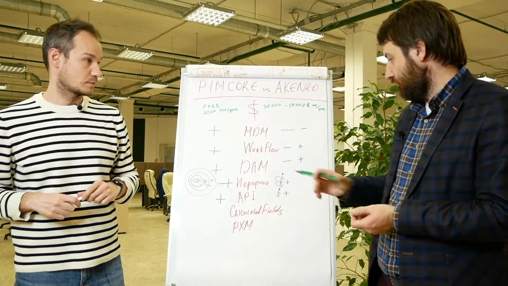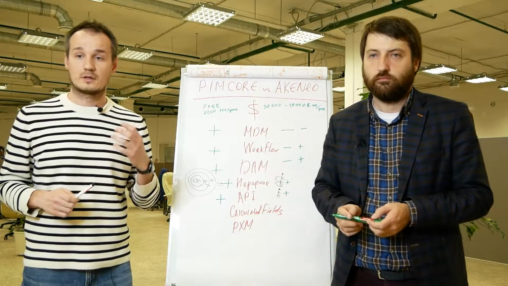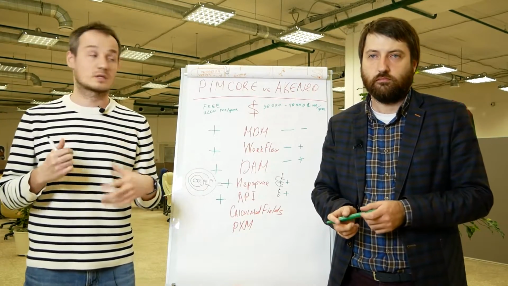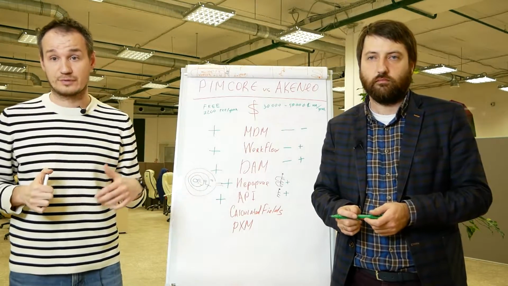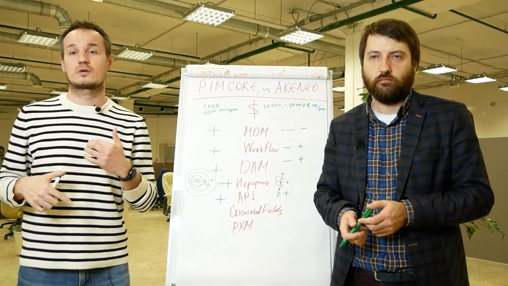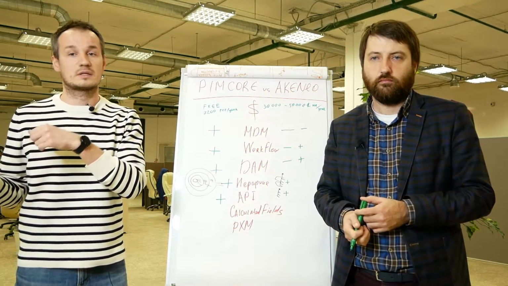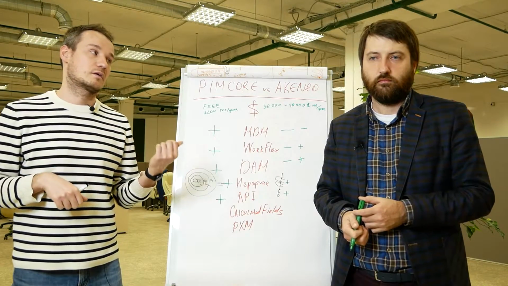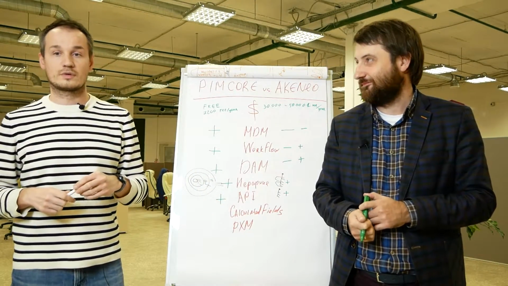Alright, next on, calculated fields. Talk to me about it. Calculated fields. They deserve a special mention, because Pimcore has calculated fields. Fields that can compute external systems inputs, for instance, via API and etc. Akeneo doesn't have these fields. Everything is pretty simple there.